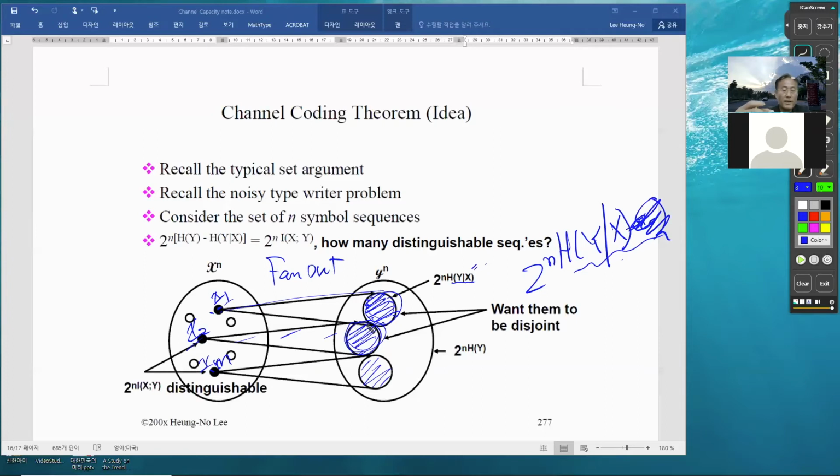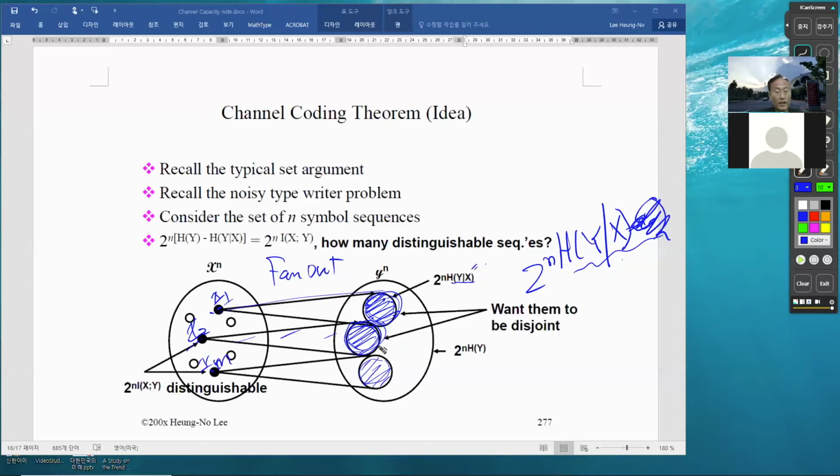But if we disallow overlap of these output balls, so that output balls are not overlapping with each other, and we select the input in such a manner that overlaps in the output space do not occur, then we can utilize the idea of the noisy typewriter problem to have the maximum number of input symbols utilized, right?